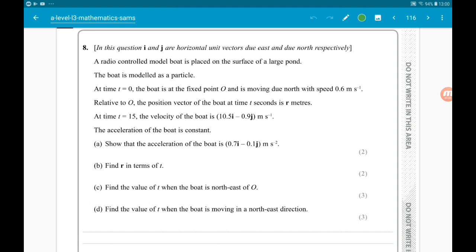We're told relative to O, the position vector of the boat at time t seconds is r meters. At time t equals 15, the velocity of the boat is 10.5 I minus 0.9 j meters per second.